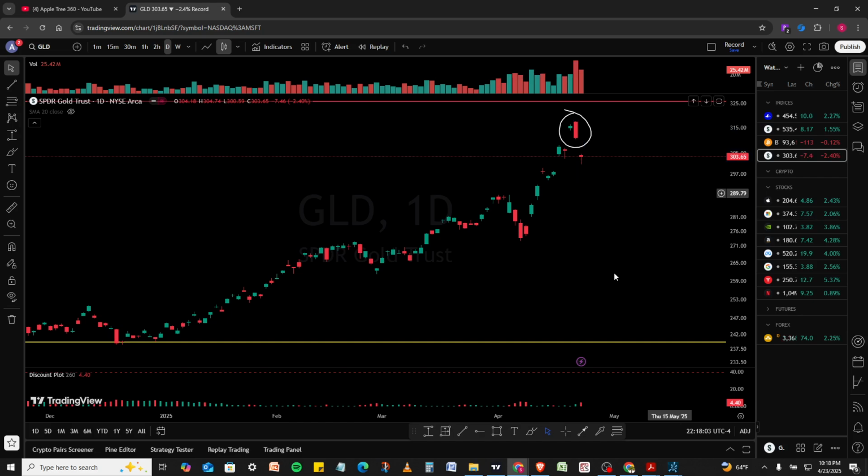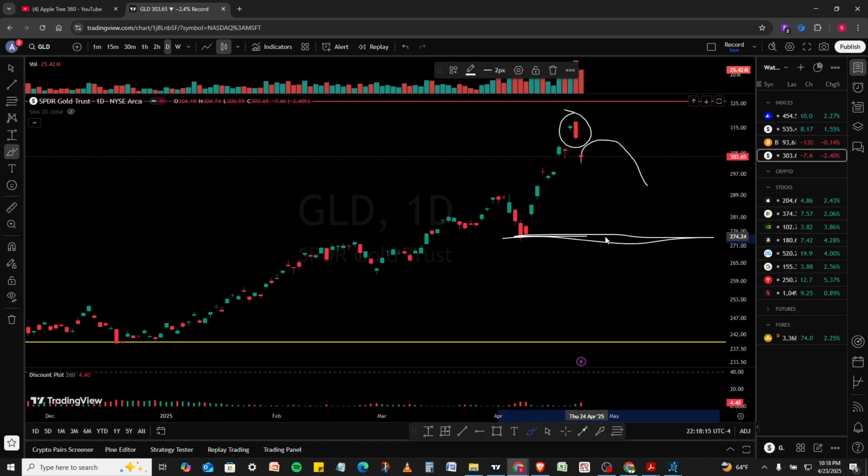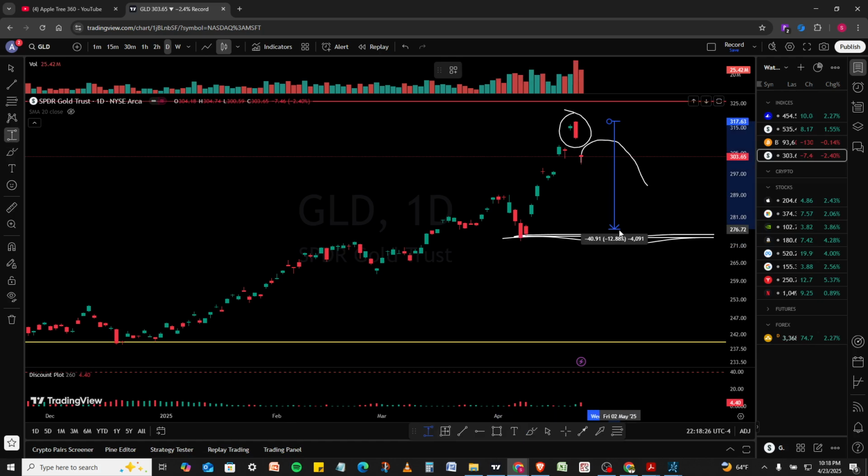Just watch out. At least in the short term, we may see some relief rally coming in tomorrow. And if it doesn't hold there, then we should see much lower levels. First level is around this zone of 275-ish. If we fall to 270, 280 region, it will bring us to a 12 to 13% correction.